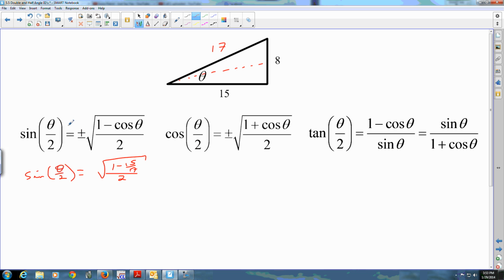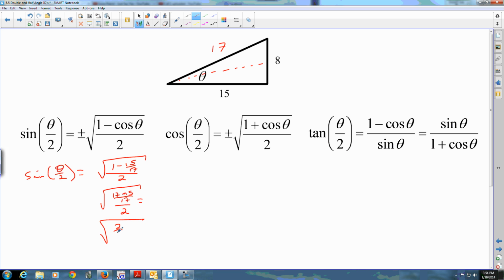And now you have to simplify it, and I'll explain this in a minute. So that would be 17/17 minus 15/17 all over 2. So that becomes, and I realize it's a mess, square root of 2/17. My square root's not very big. Let me erase that. It's a big old hunkin' square root.